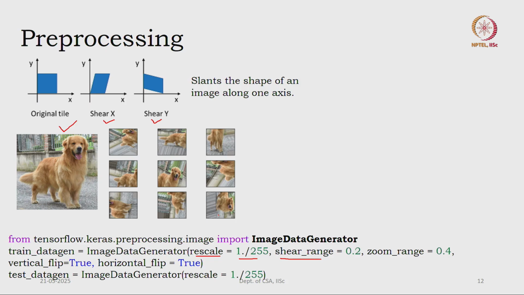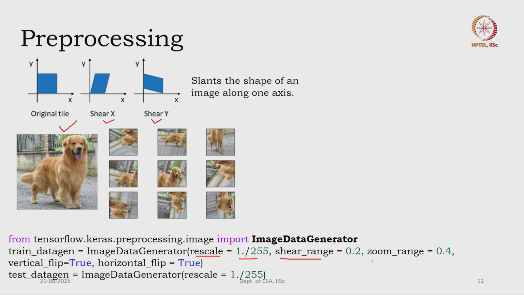So in preprocessing, this is also data augmentation. What is data augmentation? We are increasing the samples. A sample here is an input. How are we increasing the samples? By using the preprocessing technique. And what is helping us do it? It is ImageDataGenerator.